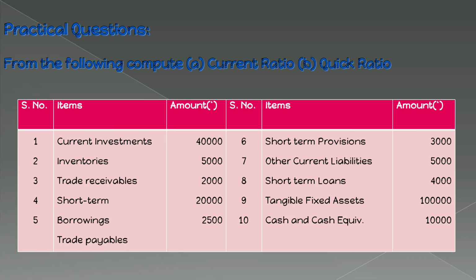So current assets will be divided by current liabilities. Just solve it and you will find the ratio. Now in the same way, let us discuss the quick ratio. If we go to find the quick ratio, what will be the formula?